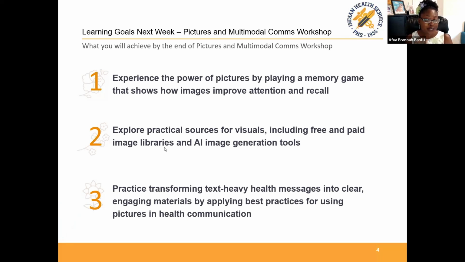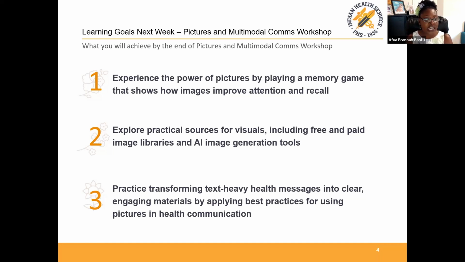This is just a peek to next week, the workshop. As always, the training is a little bit less interactive, it's heavy on materials, but I want you to be excited about the workshop. Next week, we're going to actually test for ourselves the impact of pictures on our own memories. And then I'm going to go through some practical sources for getting pictures.